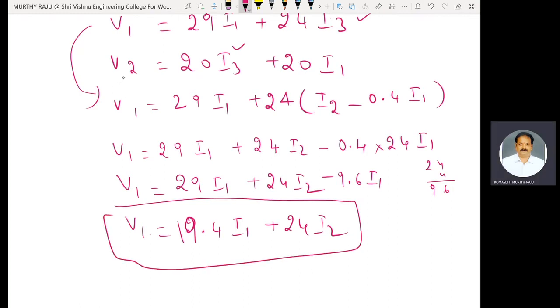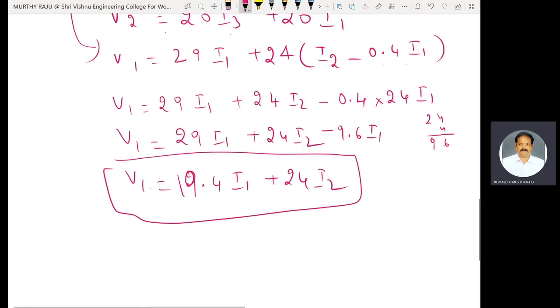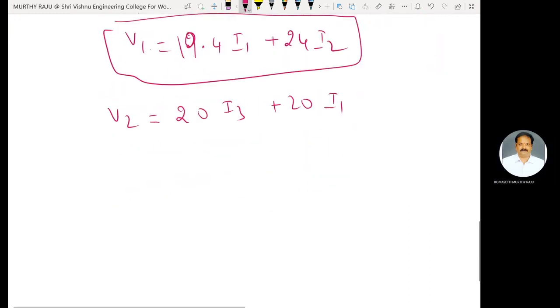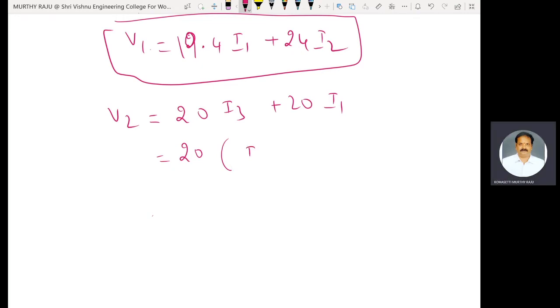And similarly, in the place of I3, substitute I2 minus 0.4 I1 in the V2 equation. Therefore, V2 is equal to, we know that 20 I3 plus 20 I1, 20 I3 is equal to I2 minus 0.4 I1 plus 20 I1.